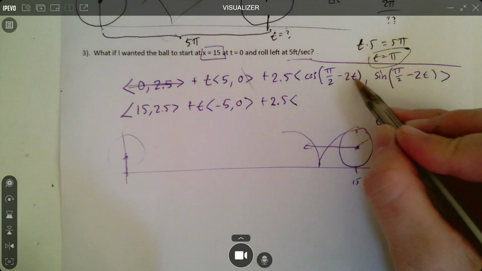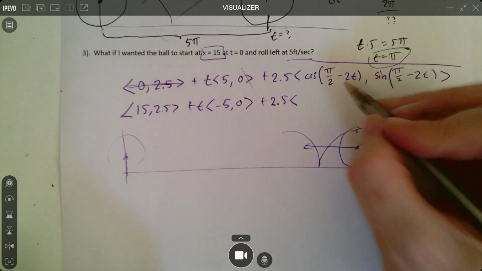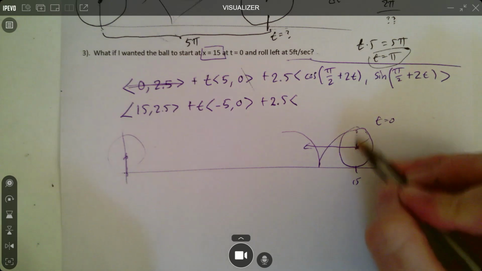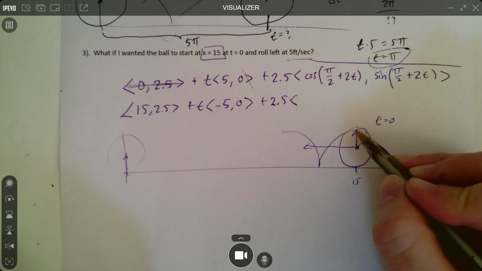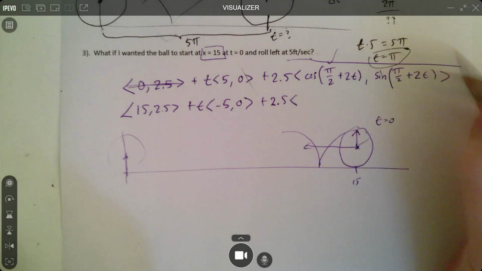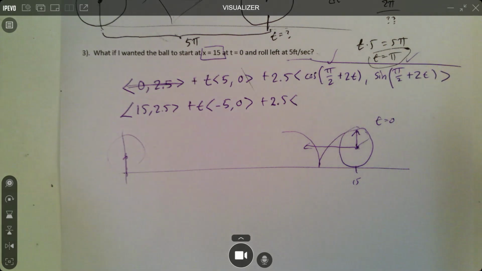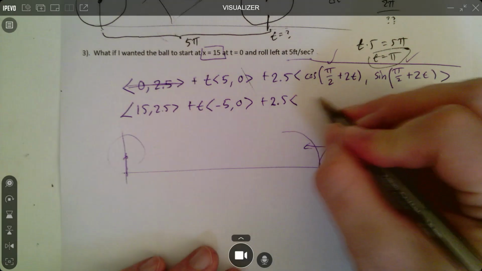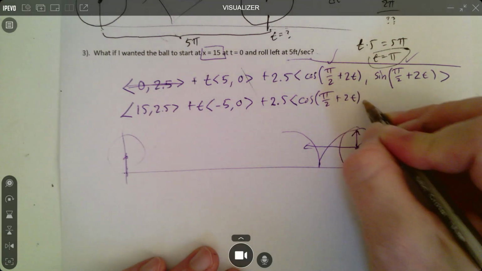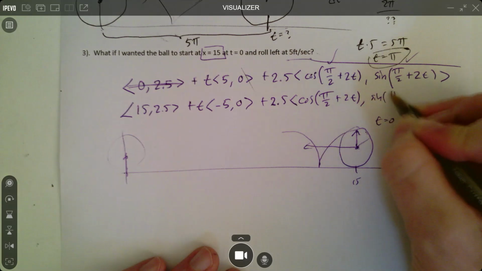Instead of subtracting my time to get an angle, I'm going to go back to adding it. Do we still want to be facing at an angle of pi over 2 at time 0? The answer is yes. So we'll keep that part just the way it is. Has that fixed everything? Yep, that's it. So here, let me rewrite it, and then we'll take a look at an animation and convince ourselves that it works.